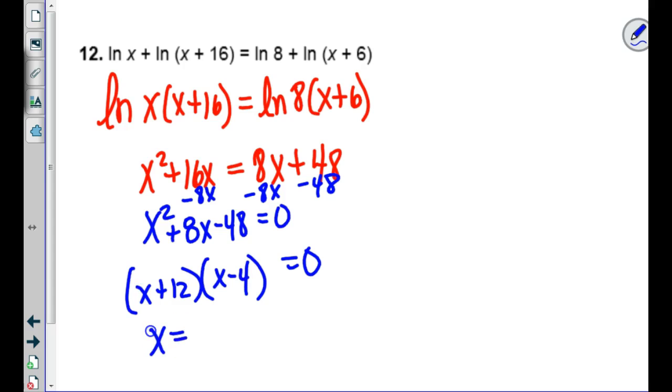So I get x equals... okay. Do those both work? No, because it said ln of x, and I can't take the log of a negative number, so this doesn't work. Does a 4 work? Yeah, there's nowhere that that would become negative, so that works. You could type it back in both sides to check it.